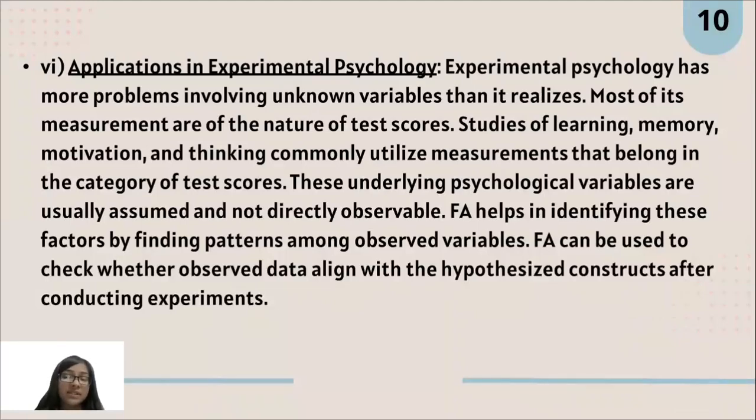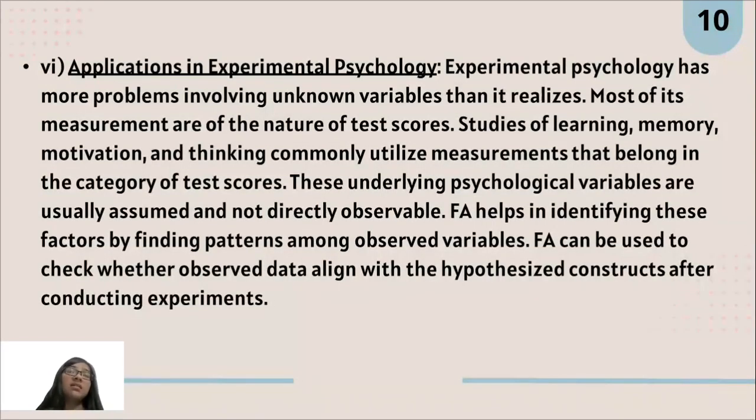Just like, for example, studies of learning, memory, motivation, and thinking, they utilize measurements that belong to the category of test scores. And these psychological variables, we cannot directly observe them. We can just assume them and quantify them using the constructs or the tests.